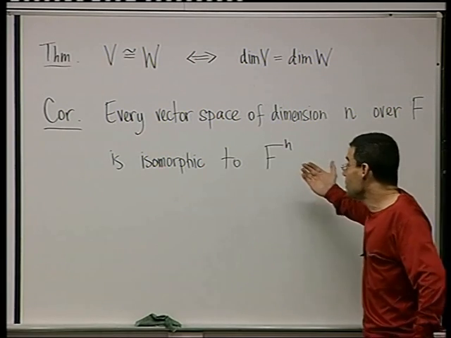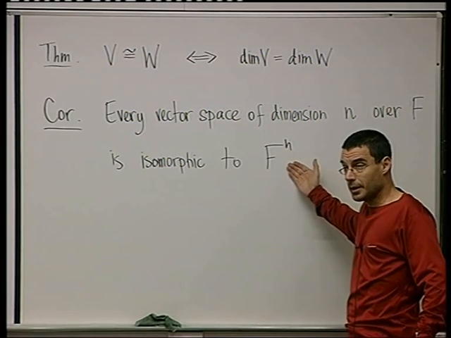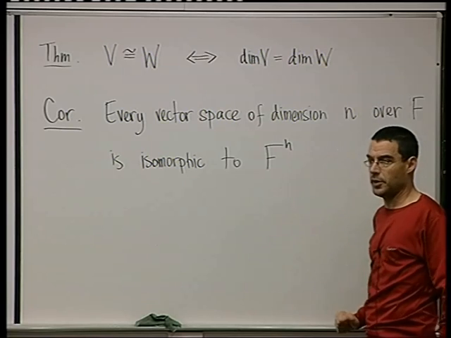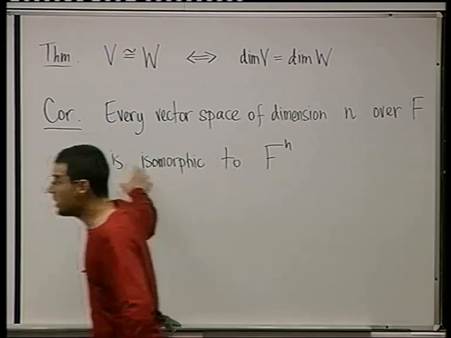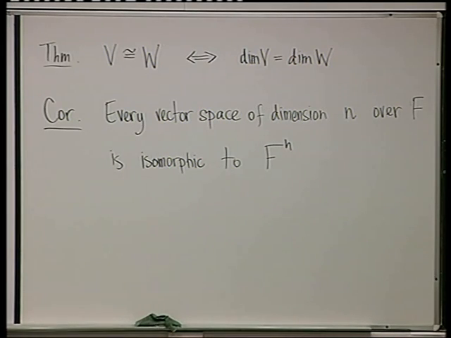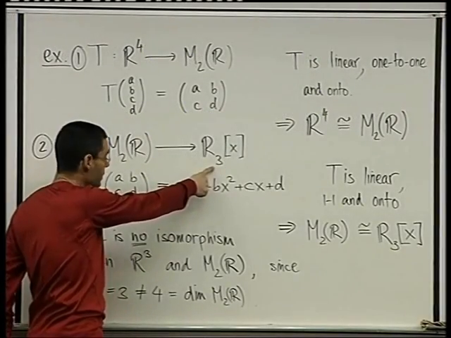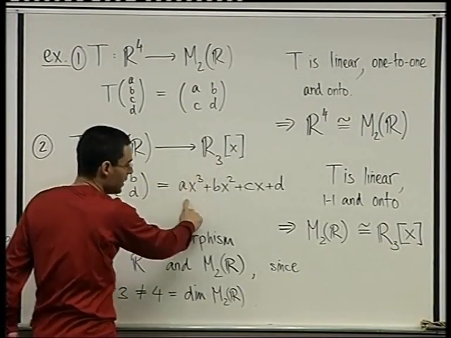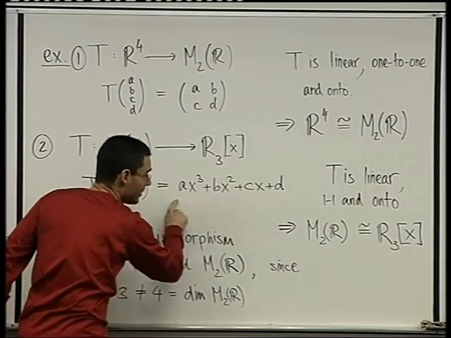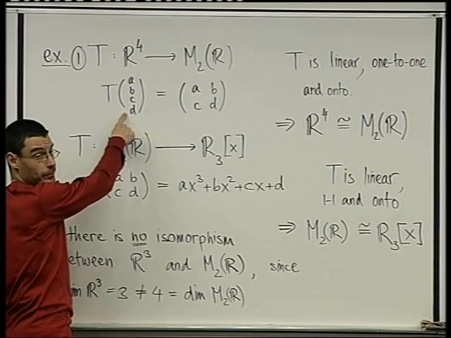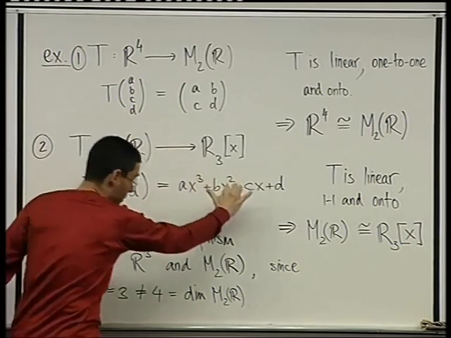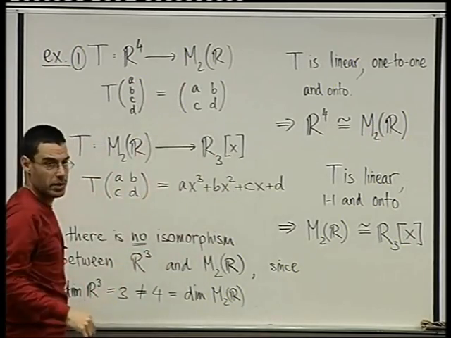But as far as their vector space structure, all we need is the coefficients. So we thought of this animal here, the vector space R3[x], and said, in fact, we can think of its elements as R4. And the way to pass from here to here is just to take the coordinate vector.